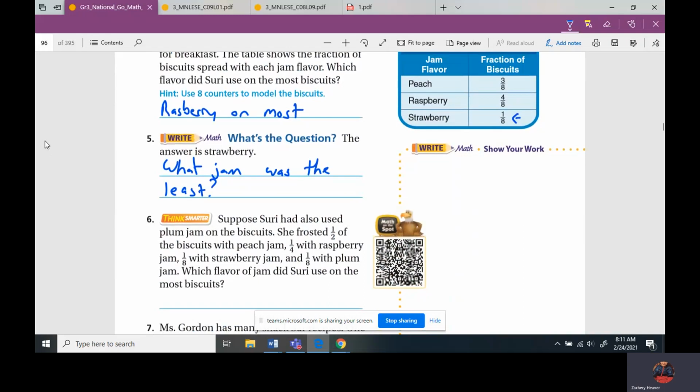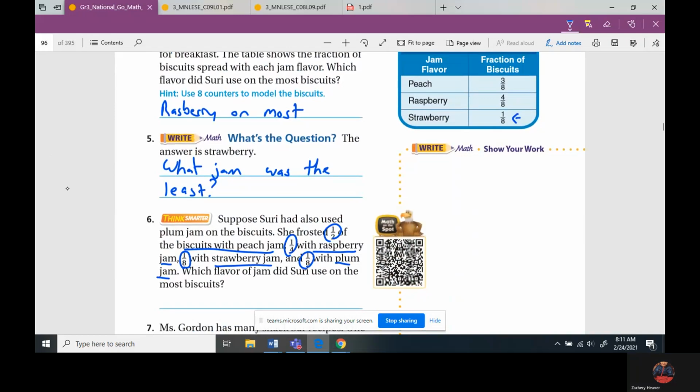It says, suppose Shiri had also put plum jam on biscuits. She frosted 1/2 of the biscuits with peach jam, 1/4 with raspberry jam, 1/8 with strawberry jam, and 1/8 with plum jam. Which flavor did Shiri use most on biscuits? This is going to take a minute.